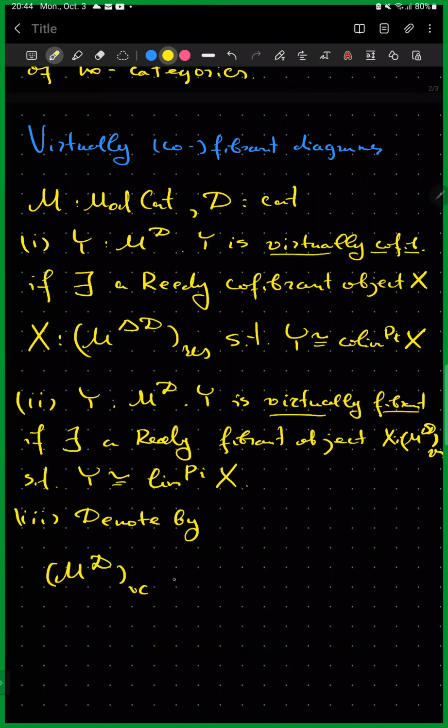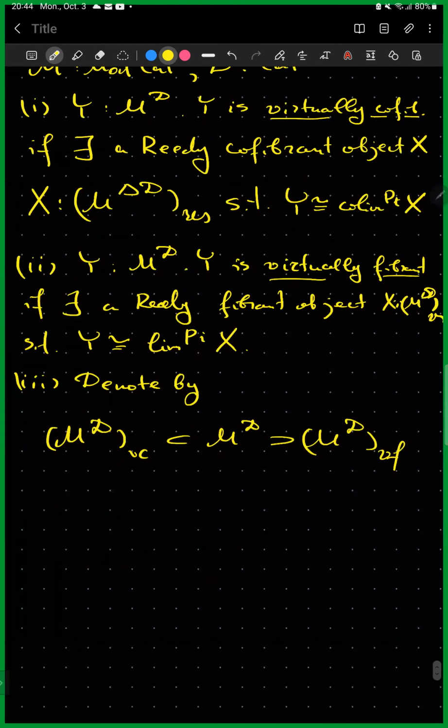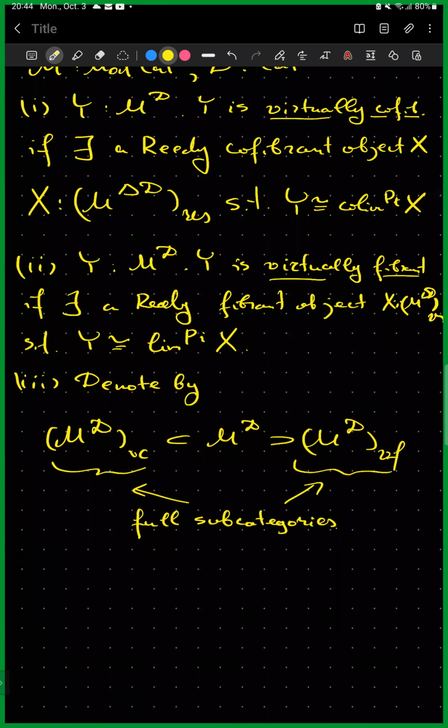So we have virtually cofibrant objects, and we have virtually fibrant objects. They span a subcategory. And this gives us the desired subcategory.